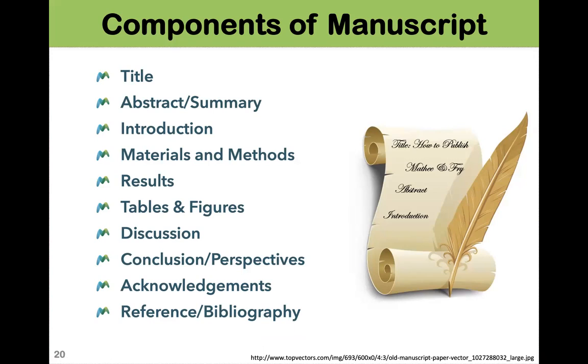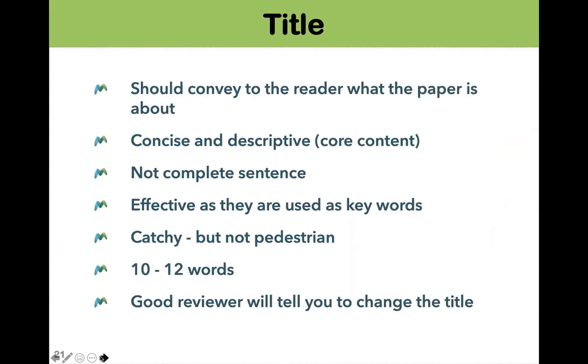Sometimes results and discussion are combined. And then you always give a conclusion or perspectives. And then a whole series of statements, including acknowledgements, and then references. So we're going to go through one by one, and stop me if you have any questions. So the title, I would always say go there last, right?